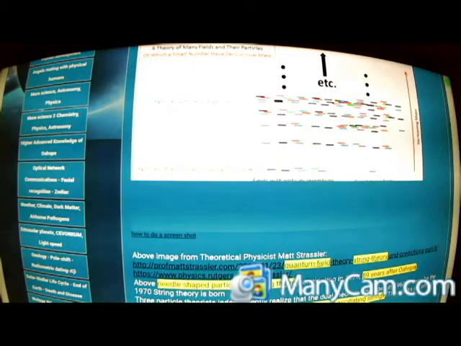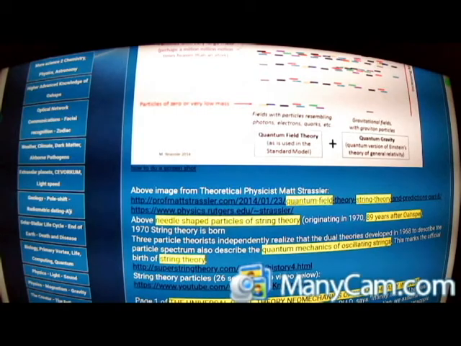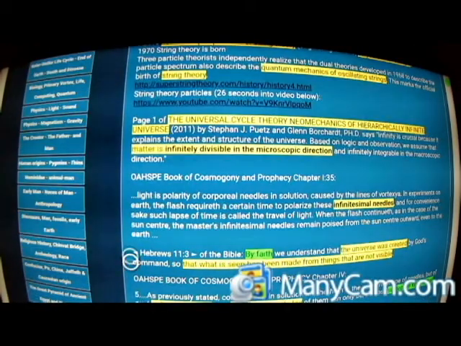Now back to studyofoahspe.com. Page 1 of the Universal Cycle Theory, Neo-Mechanics of Hierarchically Infinite Universe, 2011 by Stephen J. Puntz and Glenn Borchardt, PhD, says, infinity is crucial because it explains the extent and structure of the universe.